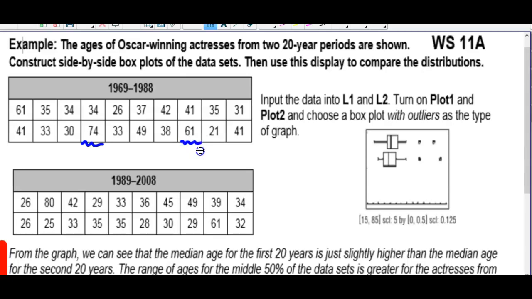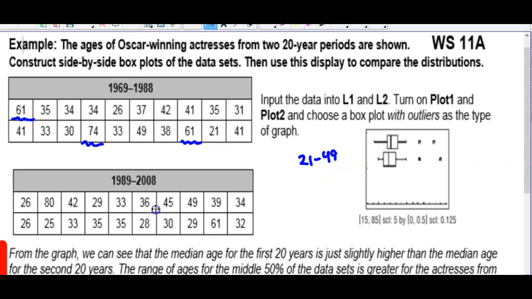No, that's not it either. Well, actually, there are 3 outliers. I think all 3 of those points were considered outliers. Everybody else fell between 21 and 49, I think.